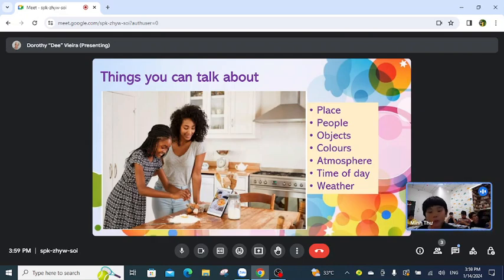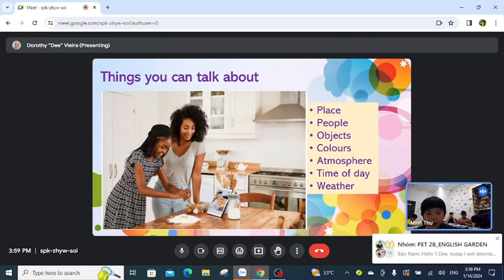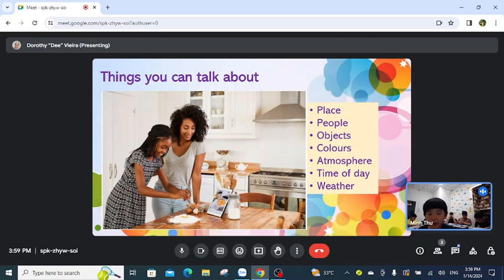I think the time of day is the morning because I can see the sunlight on the table and the reflection on the cooker.